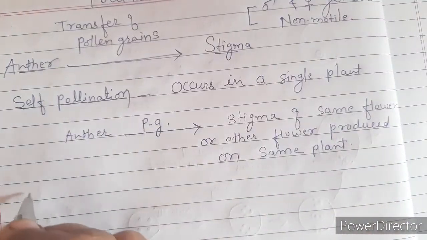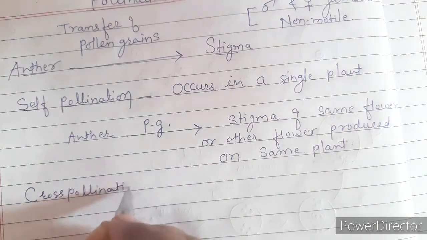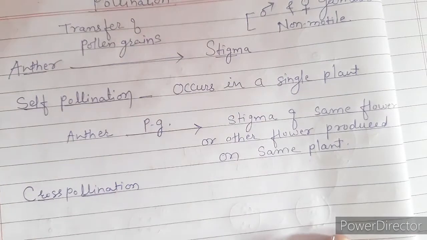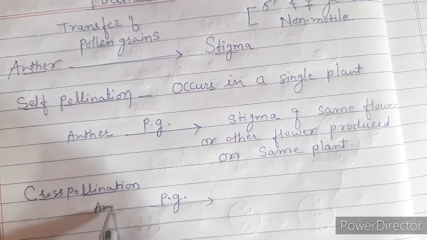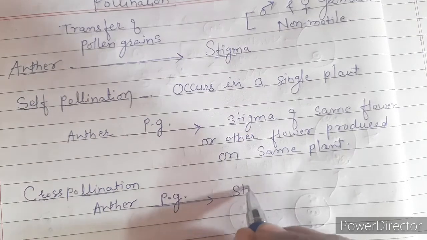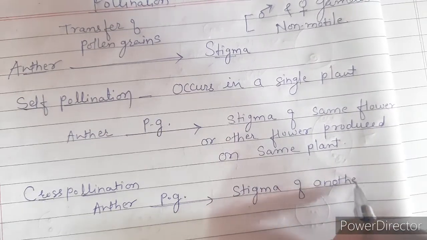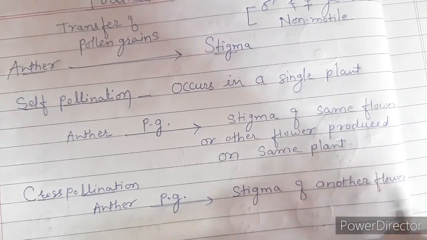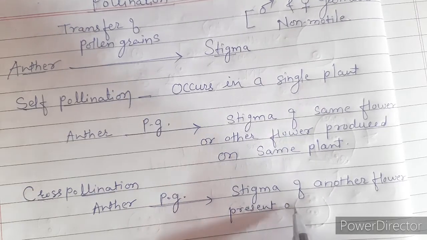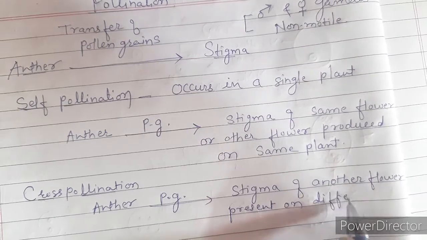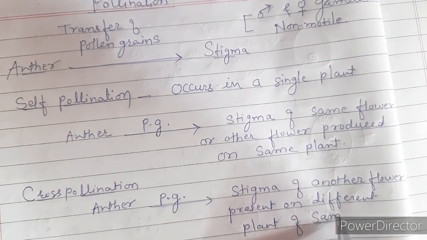Next one is cross-pollination. See here, in cross-pollination, there is transfer of pollen grains from the anther to the stigma of another flower present on a different plant of the same species.